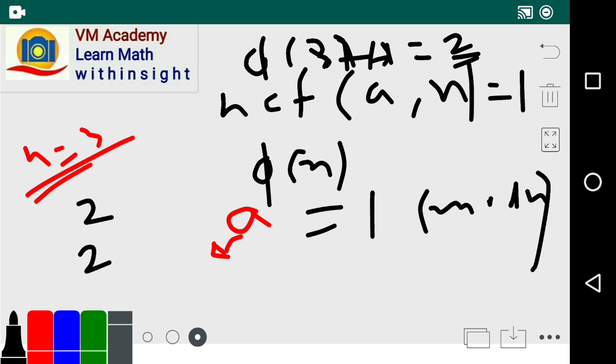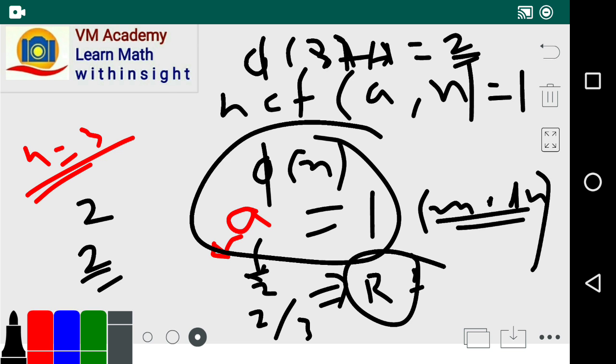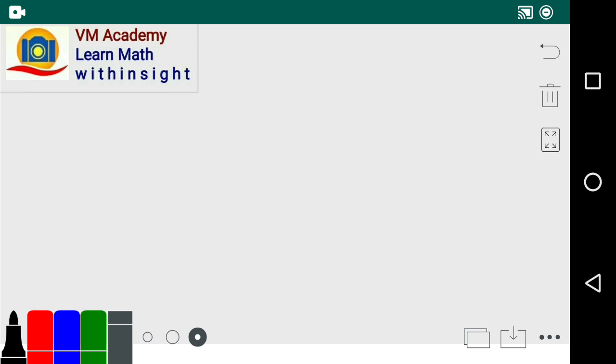So 2 raised to 2 is 4, friends. Now if we divide 4 by n, here n is 3, 4 divided by 3 gives quotient 1 and remainder 1. And thus a raised to phi of n equals 1 modulo n holds, friends. Thus we verified this theorem.